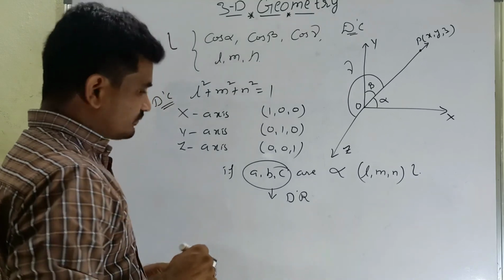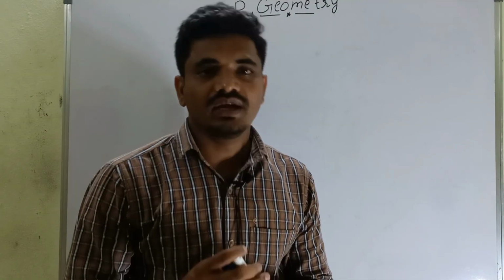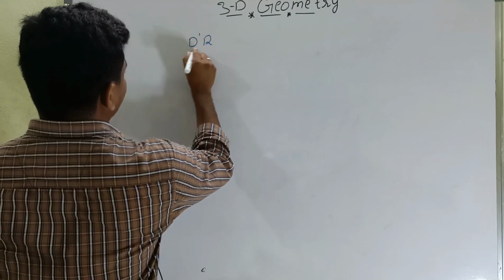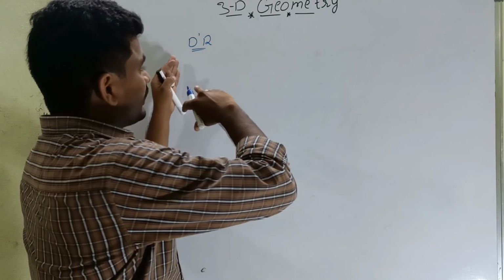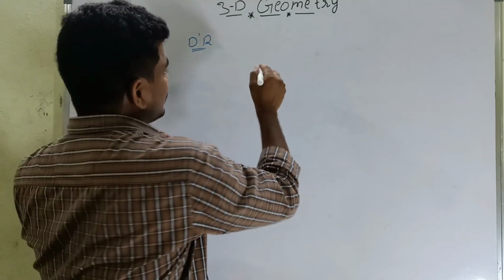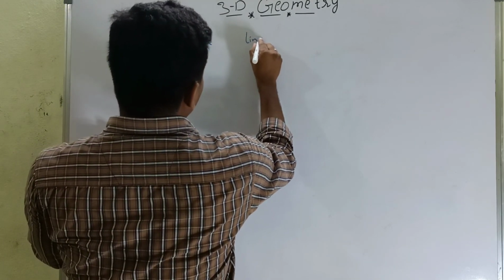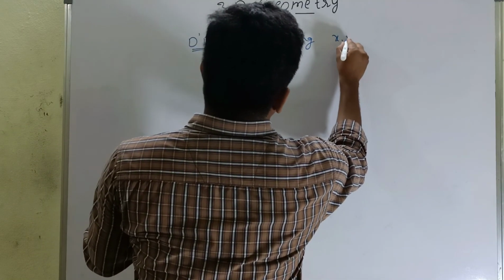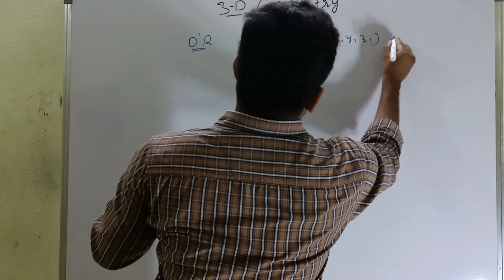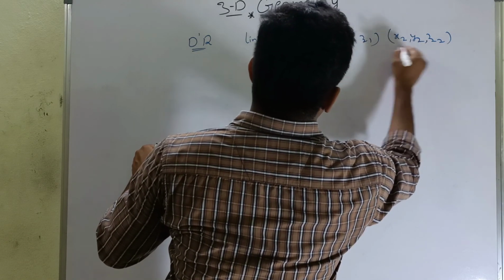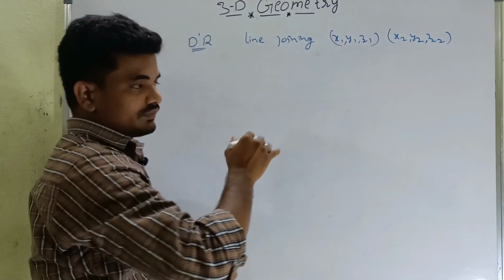And next, direction ratios are not unique. And next, the direction ratios of the line joining x1, y1, z1 and x2, y2, z2.